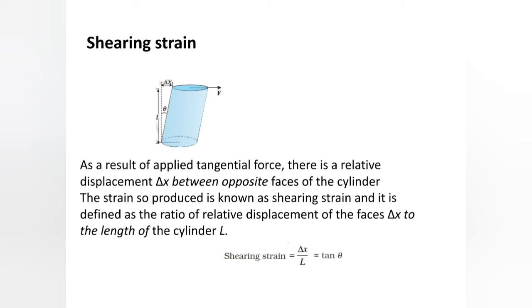That is, theta will be very, very small. When theta is very, very small, we have tan theta approximately equal to theta. Therefore, in that case, shearing strain, which is equal to tan theta, is approximately equal to theta.